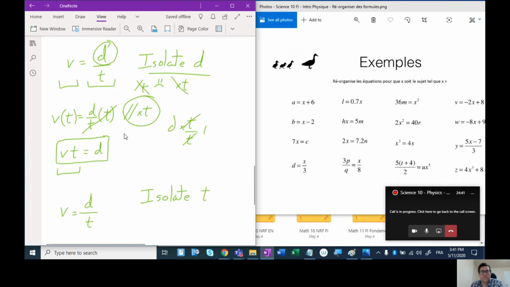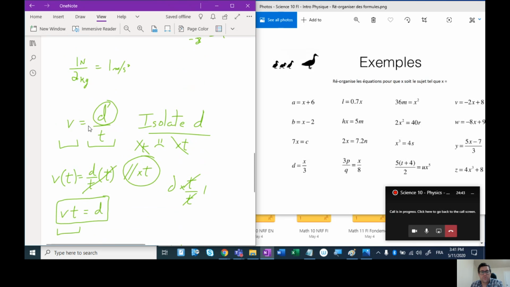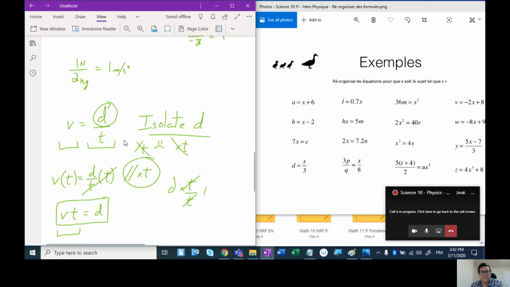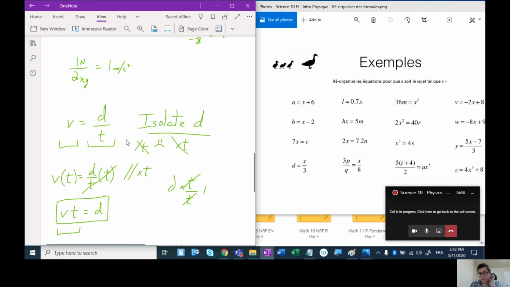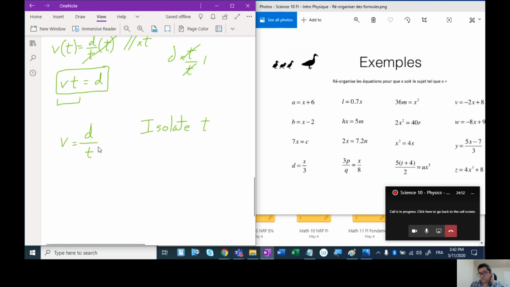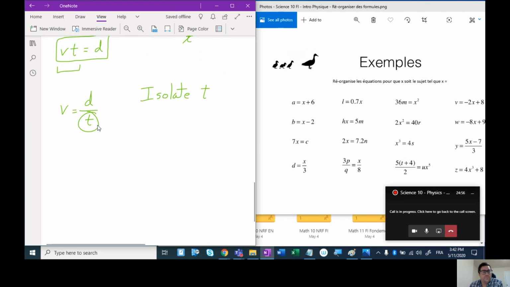We always work with other letters and other numbers. But this time we're going to use the same letter that we're trying to isolate. It's a classical example.